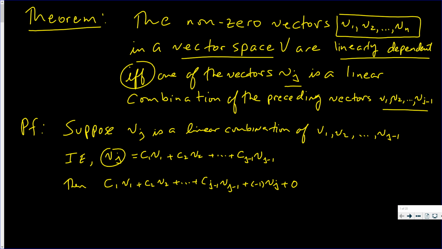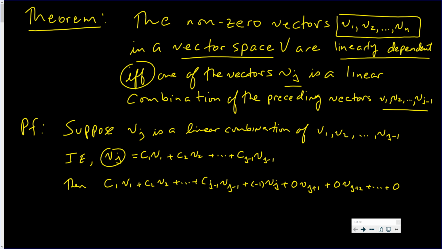And then I'll use the 0 scalars for the remaining linear combination: 0 times V sub j plus 1, plus 0 times V sub j plus 2, all the way down to 0 times the last vector, V sub n.